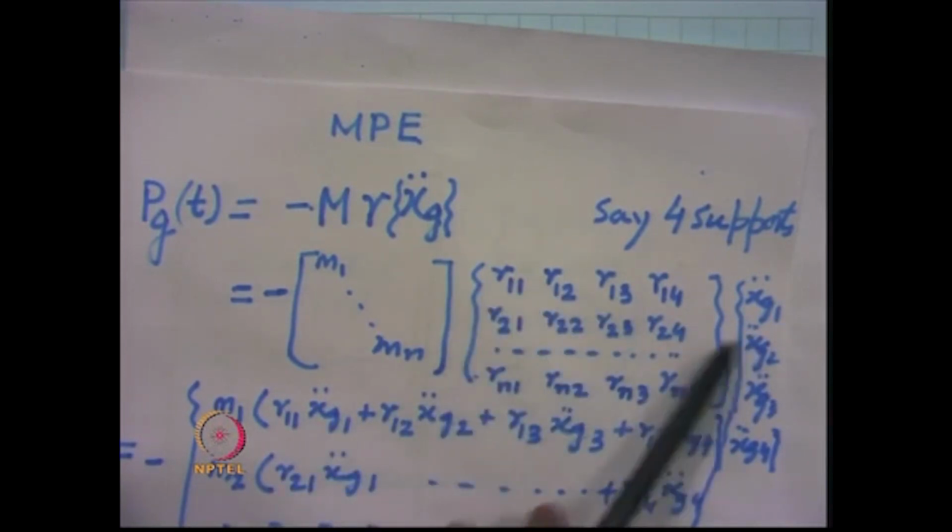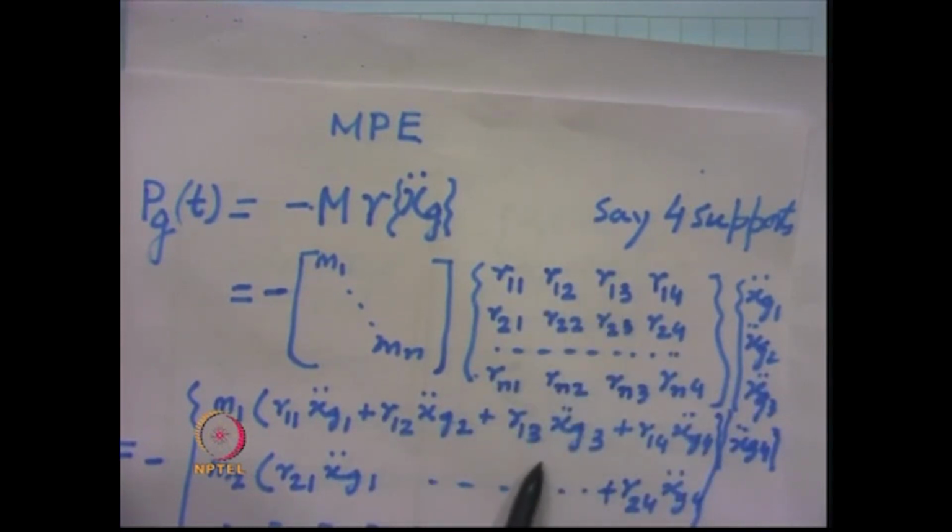Once we multiply this vector with this matrix, and then multiply with the mass matrix, we find a vector of size n, and each element of the vector will have terms like m1 multiplied by r11 x double dot g1, plus r12 into x double dot g2, r13 into x double dot g3, and so on. So, that is the first element. Similarly, one can obtain the second element, third element, and so on. These quantities r11, m11 are all known.